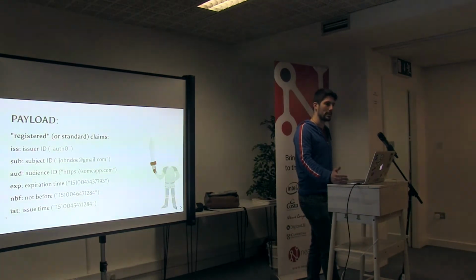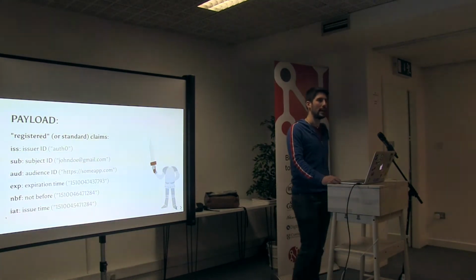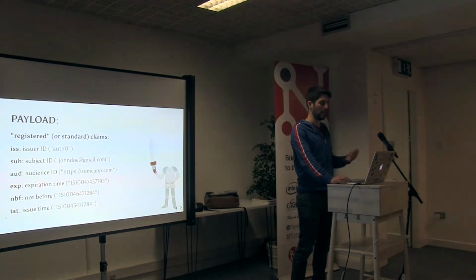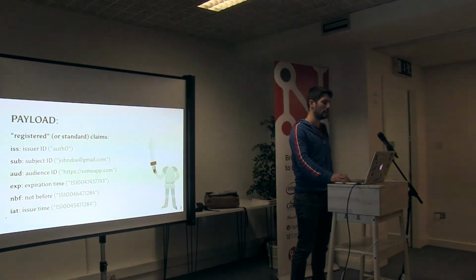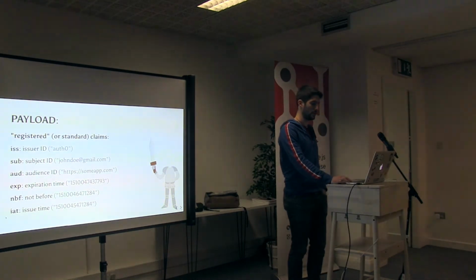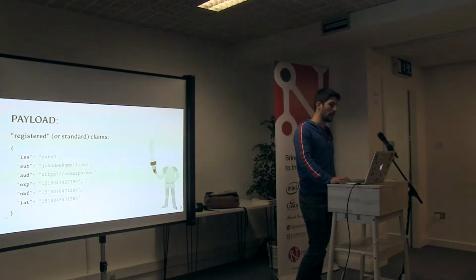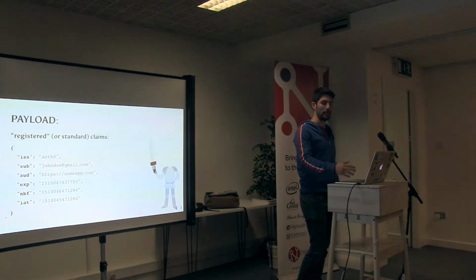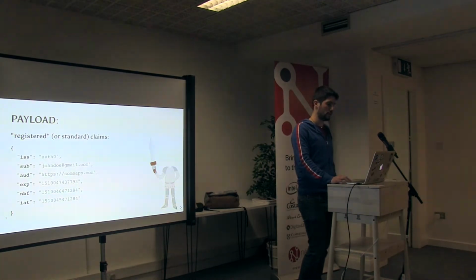Then you can have an audience ID, which might be a URL or the ID of an application. And then you can have things like expiration time, don't use before a specific timestamp, or the timestamp when the token was generated. And of course, if you want to represent them, you will see them as a JSON inside the JWT token.